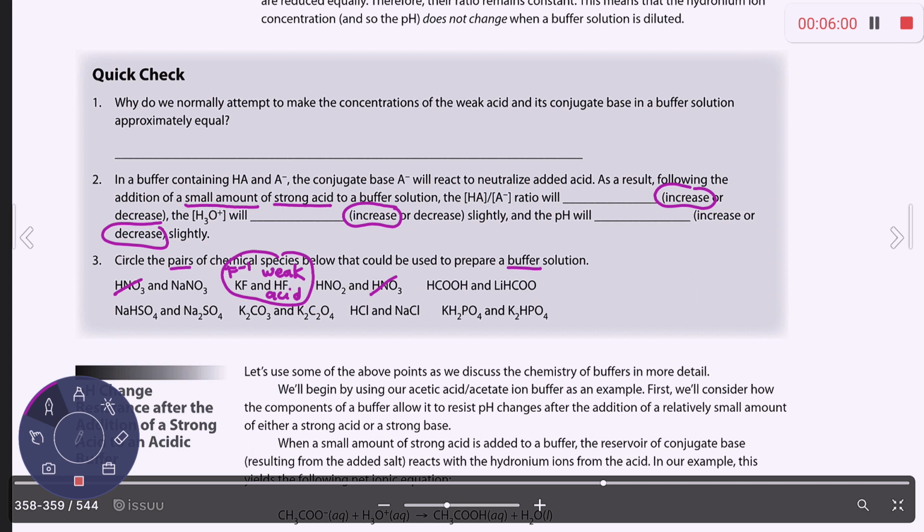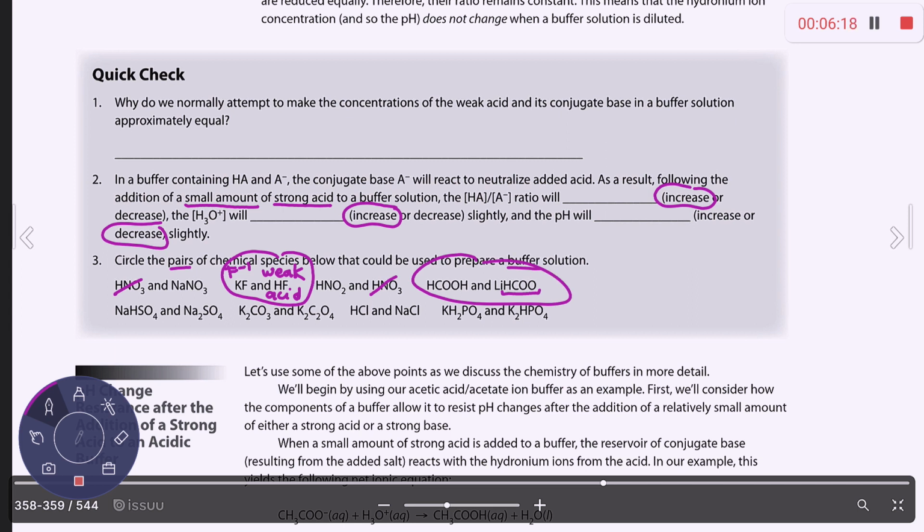Okay, HCOOH, isn't that formic acid? Okay, so this, and then the COOH is here with an alkali ion. Does that make sense? Okay, so this would be a buffer solution. How about this one here?